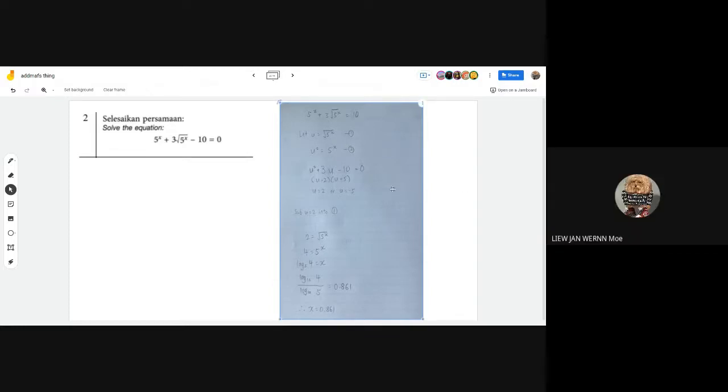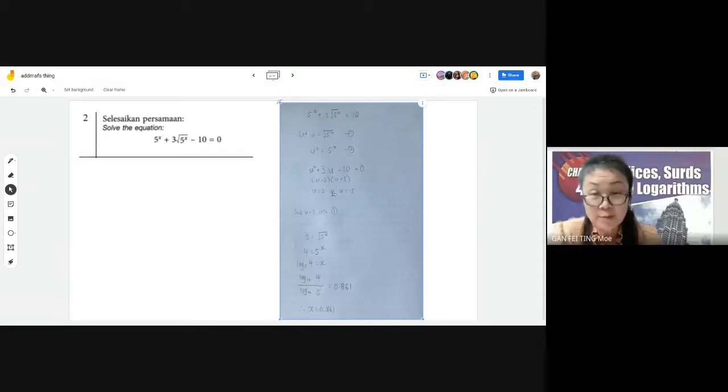Okay, so from the question, we will make u as square root of 5 power of x. We can replace the square root of 5 power of x into the actual equation which is here.